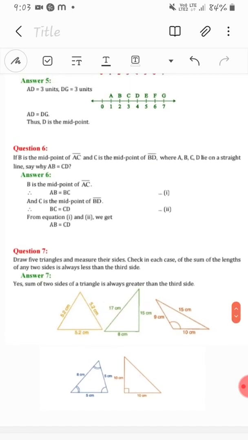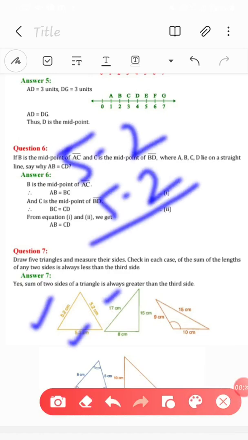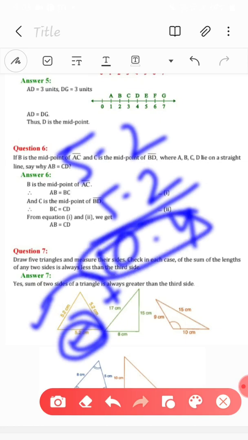As an example, suppose this is an equilateral triangle I have drawn, 5.2 everywhere. If we add 5.2 and 5.2, obviously it will be more than the third side. Suppose this will be 10.4, which is more than 5.2.